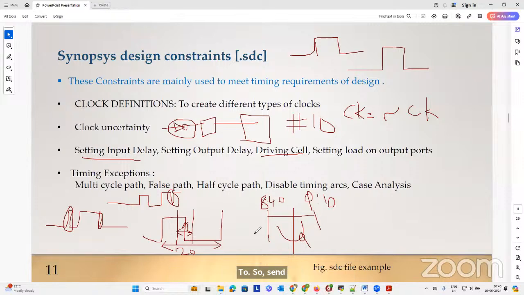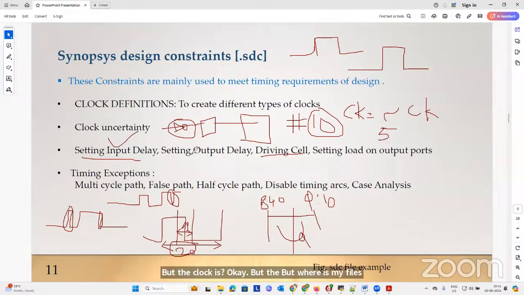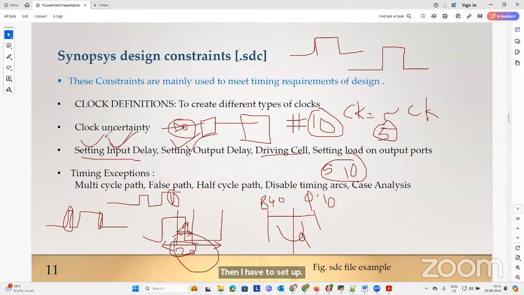But the clock is 10, and the duty cycle is 20. So where am I losing 5 nanoseconds? I have to adjust it in input delay or output delay. The computation time of logic is 5 and the sending time is 10, so it is 15. But my duty cycle is 20. I have to adjust it for 5. Then I have to set up input delay or output delay. Clear, Hemant?